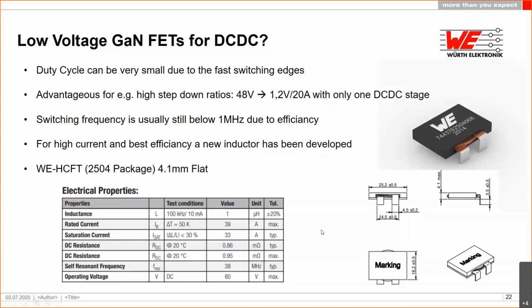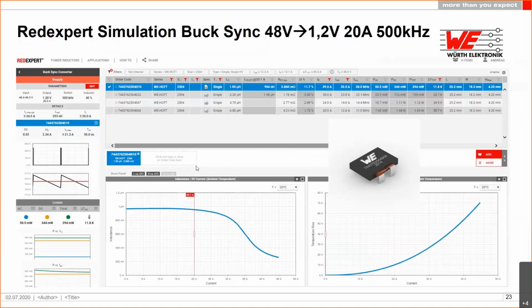And if you would like to know how much losses you get with this, you can use the Red Expert. For example, I have put in here 48 volts down to 1.2 volts at 20 amps. The example here has a switching frequency of 500 kilohertz. The ripple current factor is 40%. Then you see, if I select this new inductor with 1 microhenry, I get approximately a complete loss of 0.4 watts.